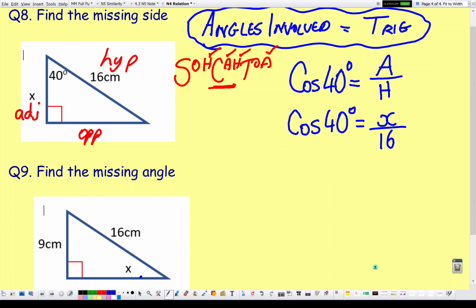So finish off this, rearrange it slightly, and give me your answer when you've got it. Okay, thank you, Sam. Anyone else got an answer yet?